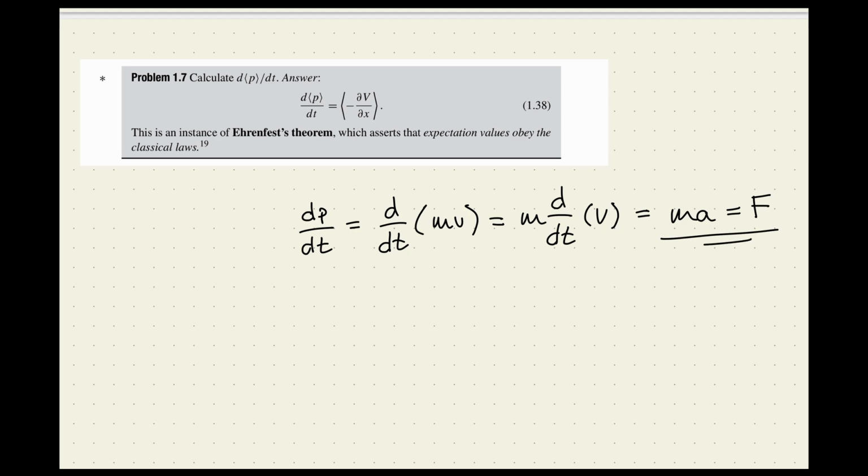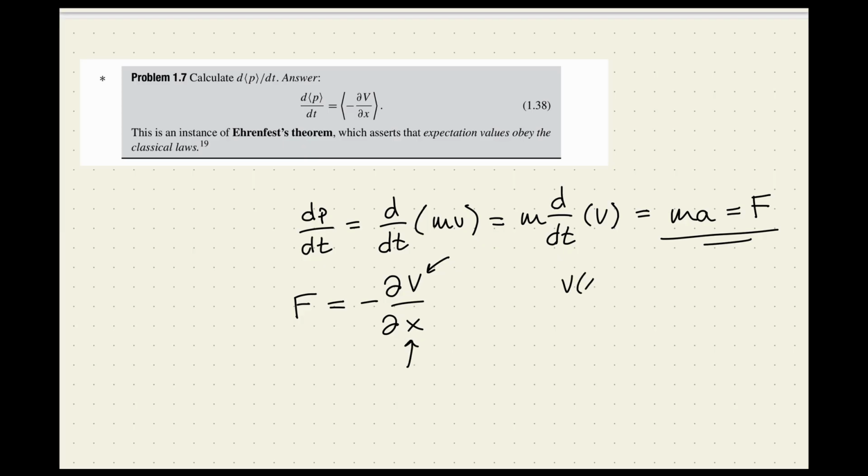But there's another way of writing the force, and that is the negative gradient of the potential. So if you have some kind of potential energy function, you can find its gradient, which means how fast it changes with respect to position.